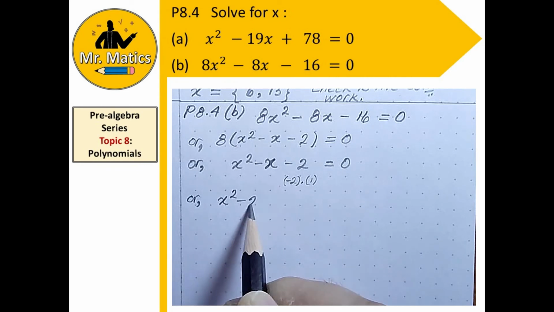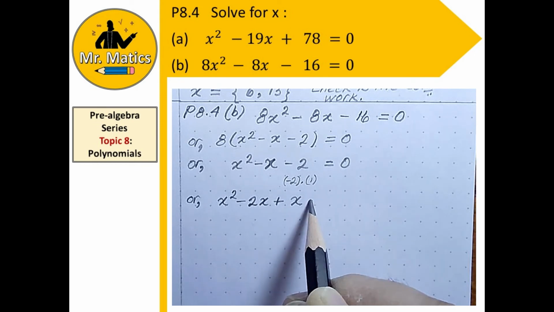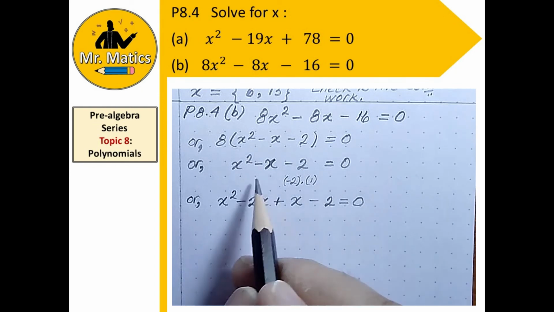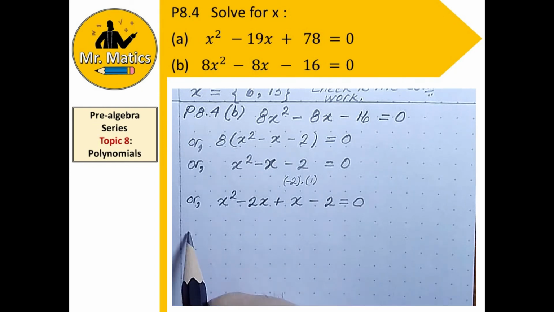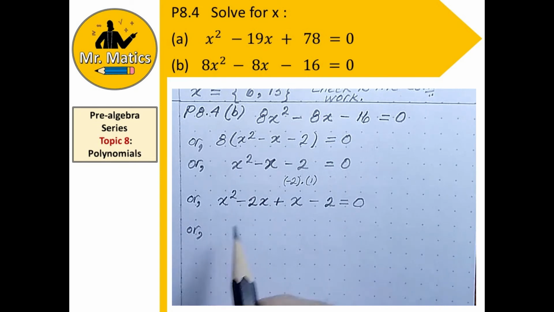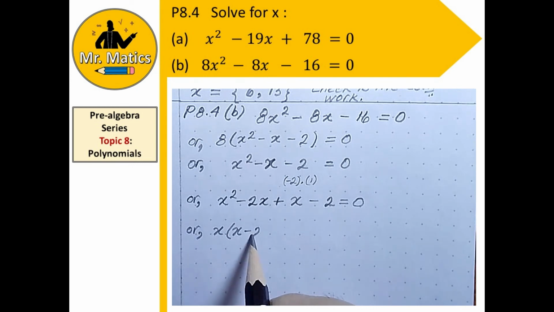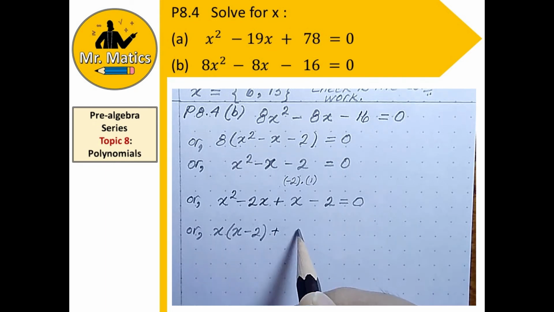So I can write it as x squared minus 2x plus x and then minus 2. So I'm breaking this minus x into minus 2x plus x. I'm just going to take the x common from the first two terms, x minus 2, and this term is already x minus 2. I'll just write them in brackets.